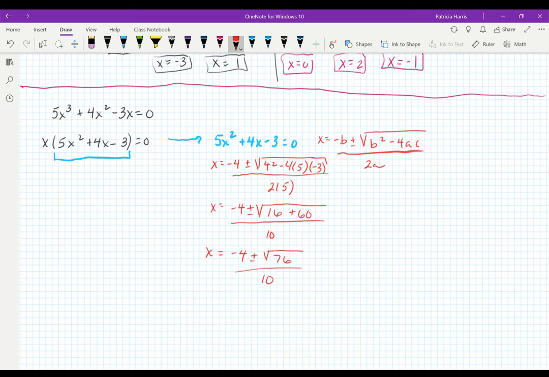okay, and then what I can do is I can go down the rabbit hole of simplifying. So 72 is divisible by 4, I believe. Let's see. Do some scratch work over here.